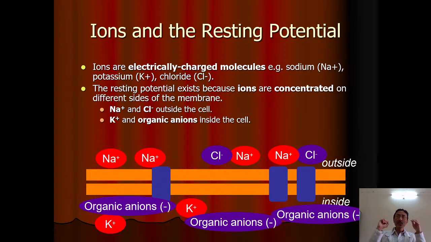As the sodium moves from outside to inside, by pure laws of diffusion, this diffusion should occur till the concentration becomes equal on both sides. That means till an equilibrium is reached.